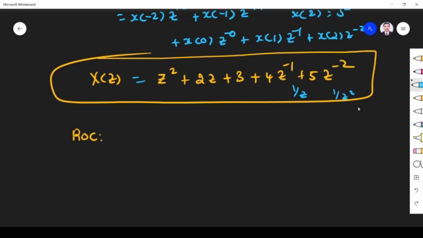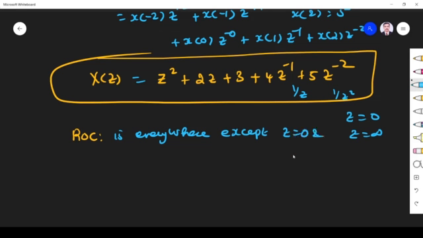So the function doesn't exist. So at z is equal to 0, the function explodes. Similarly, when you substitute z infinity, again the function becomes infinity, because these two values will make the function infinity. So when you substitute z is equal to infinity also, the function explodes. So ROC is everywhere except z is equal to 0 and z is equal to infinity. This is the answer. Okay.